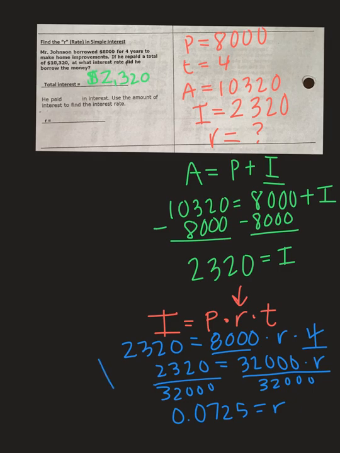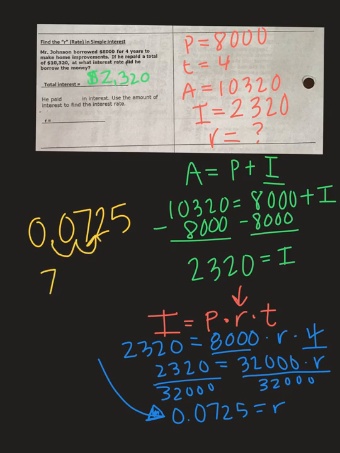So once you get an answer like this, your final answer should be put back in a percent form. So if I have 0.0725, in order to change it back into a percent, I can multiply by 100 or move your decimal 2 places. So as a percent, my rate should be 7.25%. And that should be your final answer.